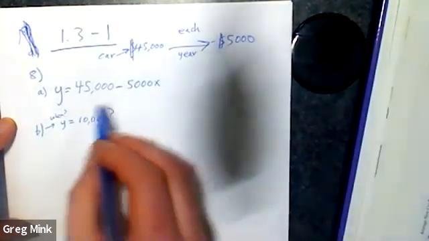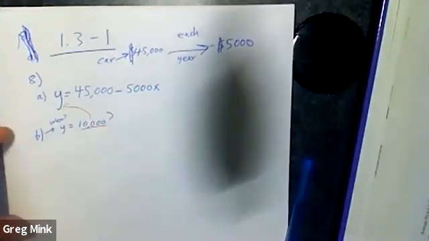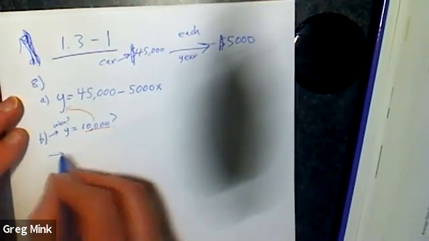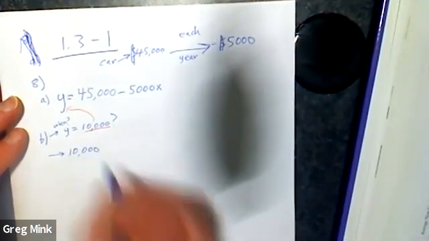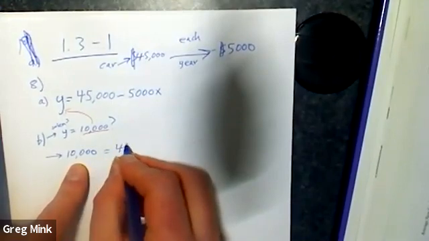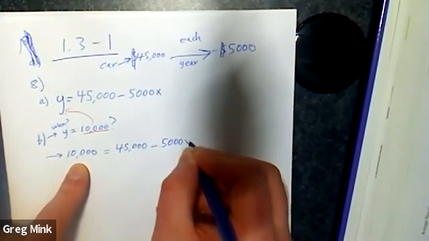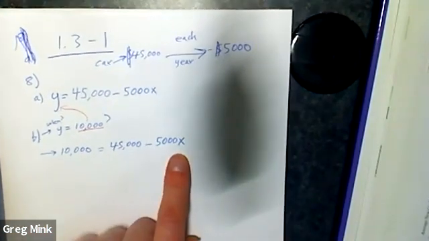Well, let's plug 10,000 in for y and see what x is. X is the when, right? They gave us the y, they want to know the x. So if I do that, I have 10,000, that's going to be the value of the car. I plug that right in for my y, is equal to 45,000, the original price, minus 5,000 times x, where x is the years since you bought it.